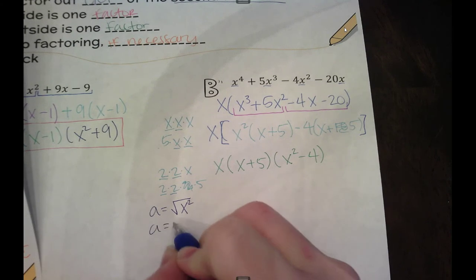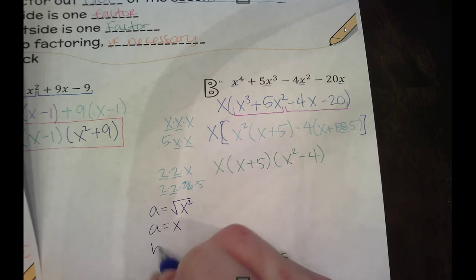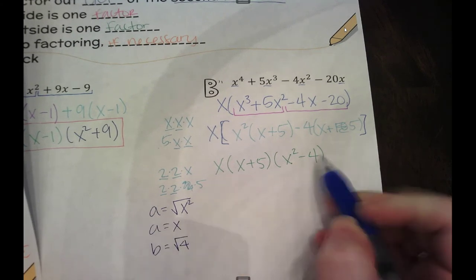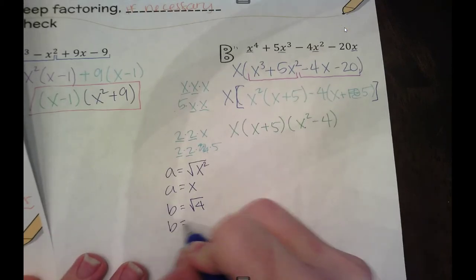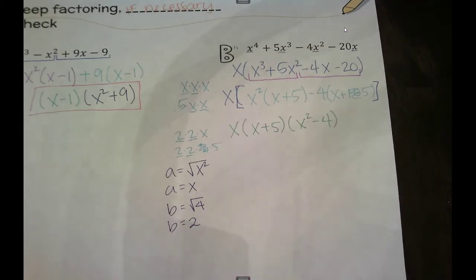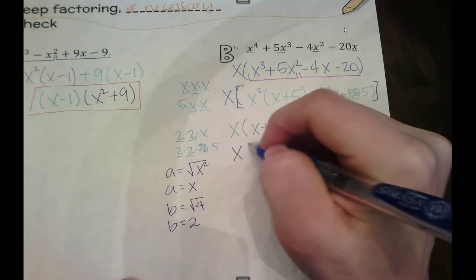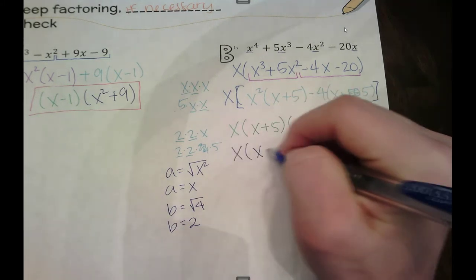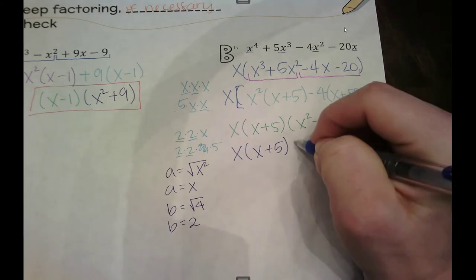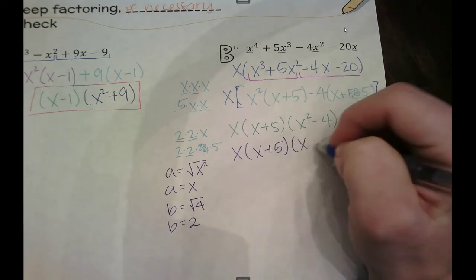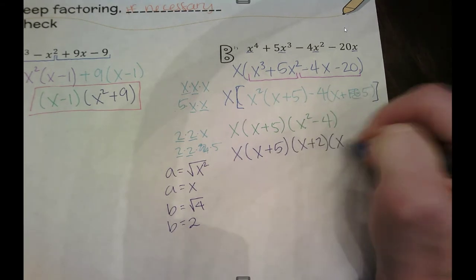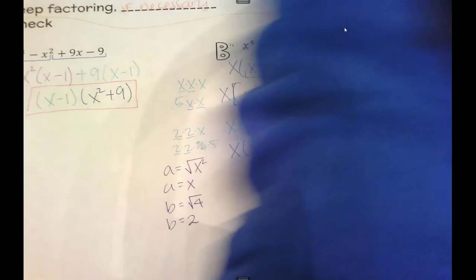So a equals x. And we've got to get the square root of this number to get b. So b equals 2. So our difference of squares works because they're both perfect squares. So we've got x times x plus 5 times x plus 2, x minus 2.